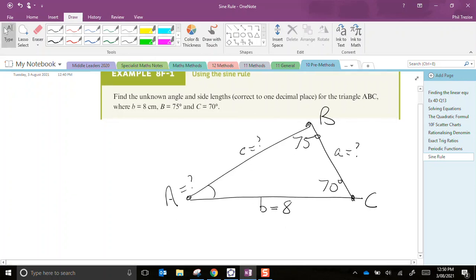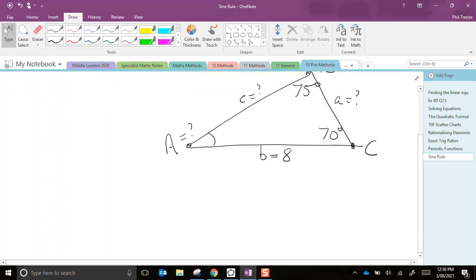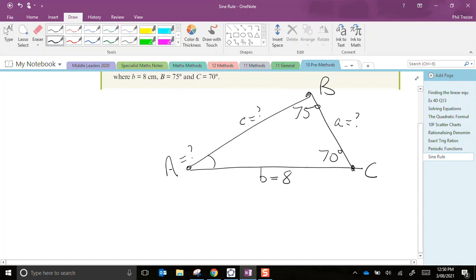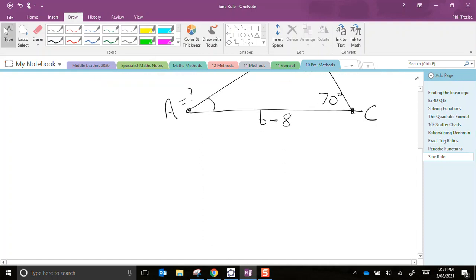Now, I will use the sine rule. I won't go with a over sine A, both of those are unknowns. That would be difficult if there were two unknowns. But I could go b divided by sine of B equals c divided by sine of C. Let's do that. b over the sine of angle B equals c divided by the sine of angle C. Now I don't need all three parts of the sine rule at the same time.